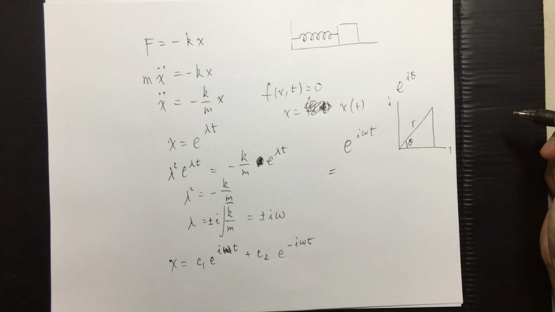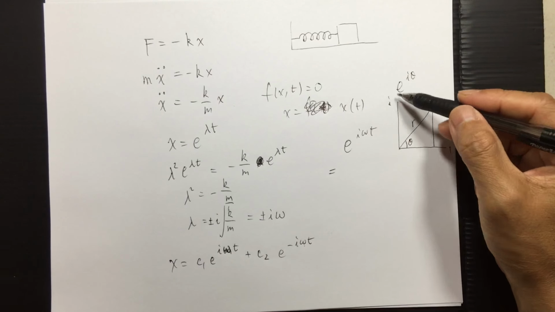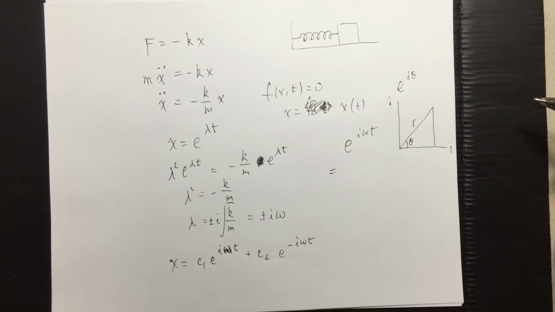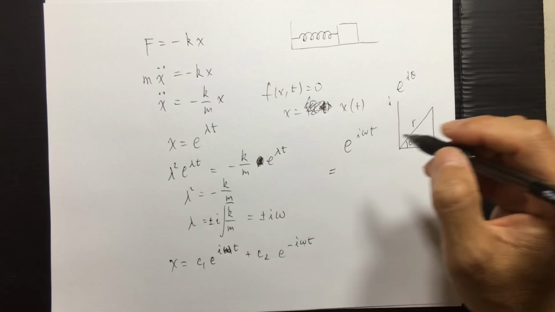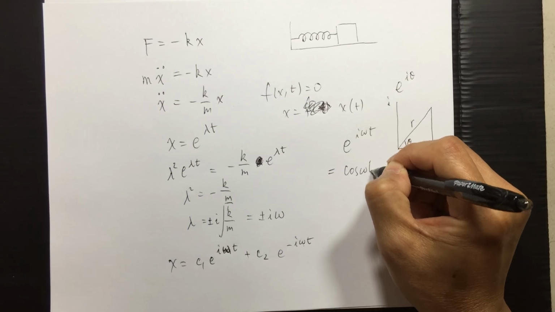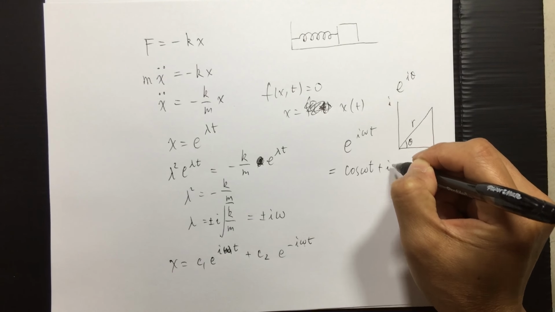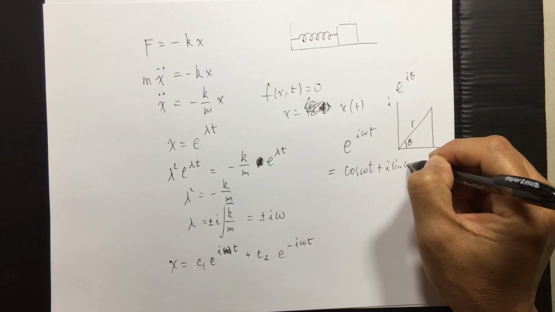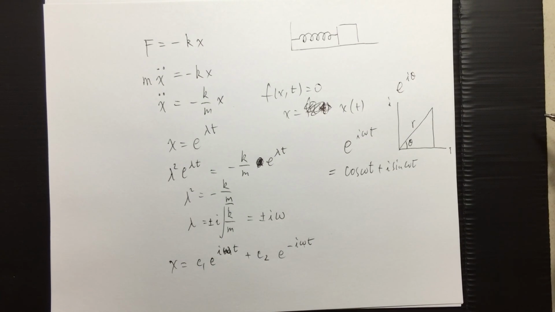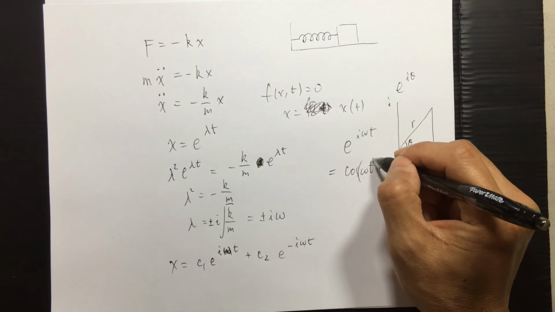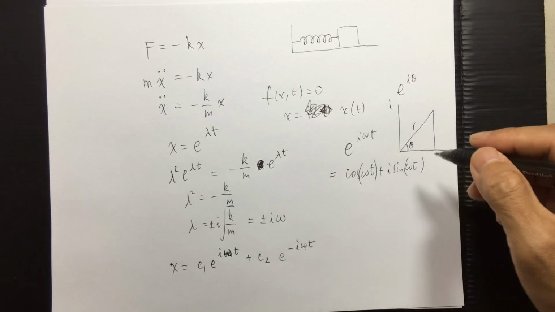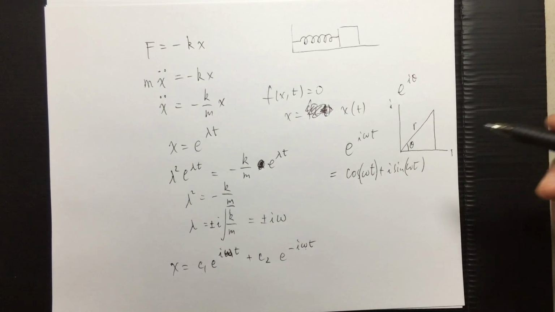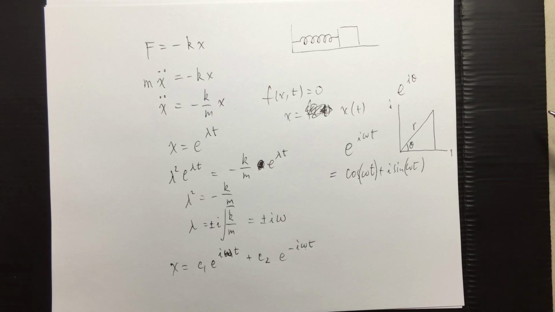In this case, it's omega t. So it's cosine(omega t) plus i sine(omega t). You probably want to put this in brackets, otherwise you don't know where that t is. It's some kind of a mixture of cosine and sine of omega t.